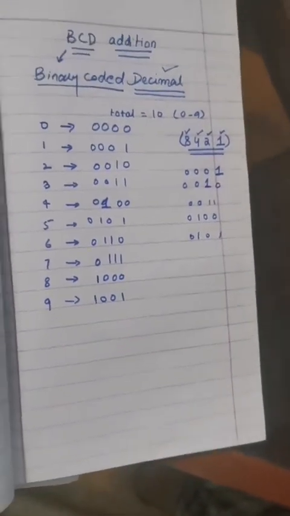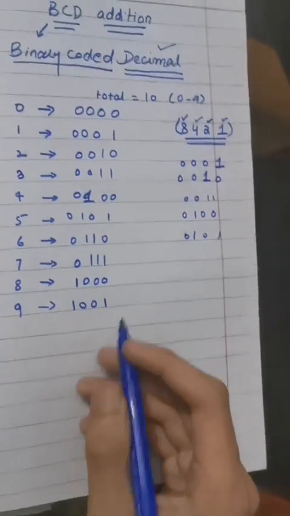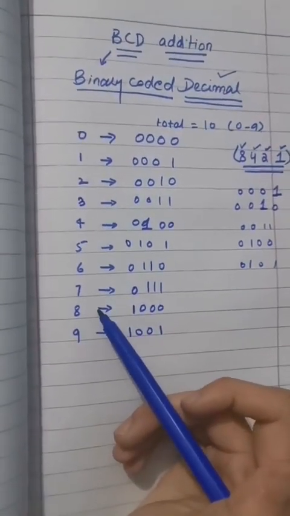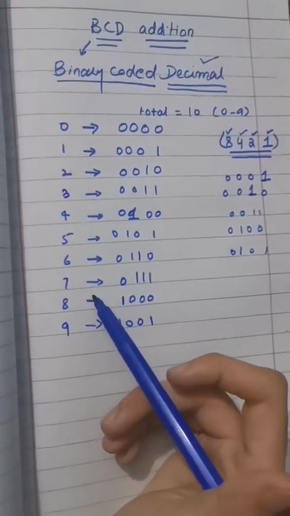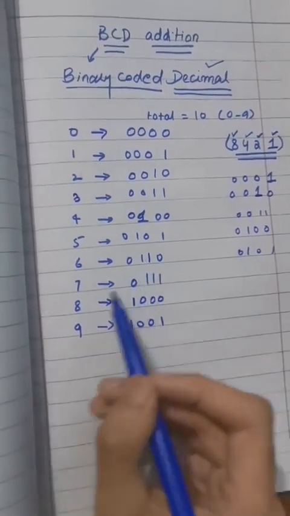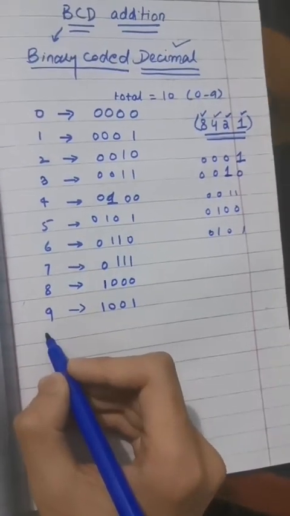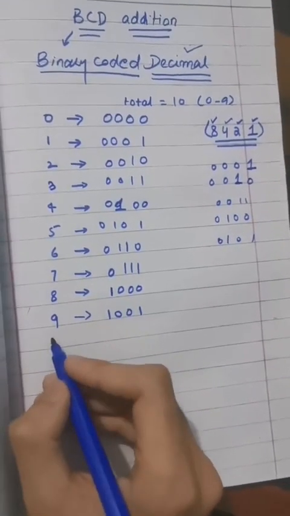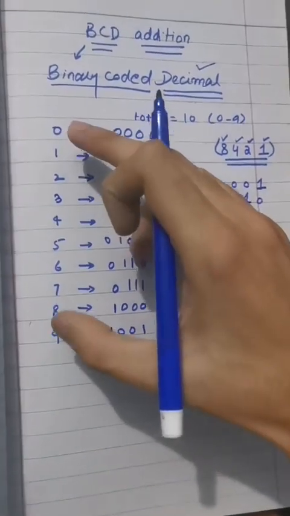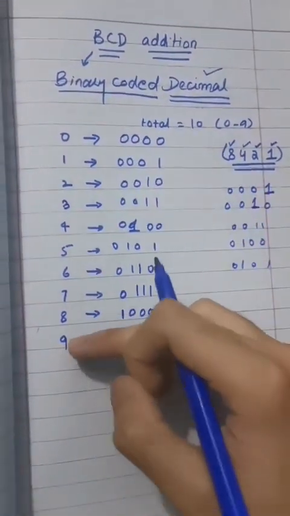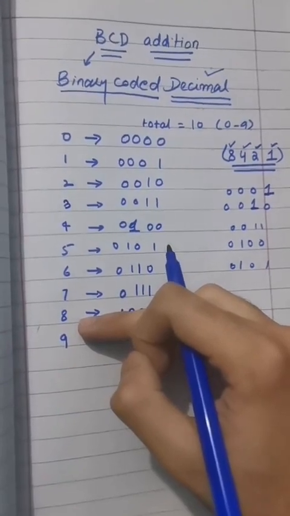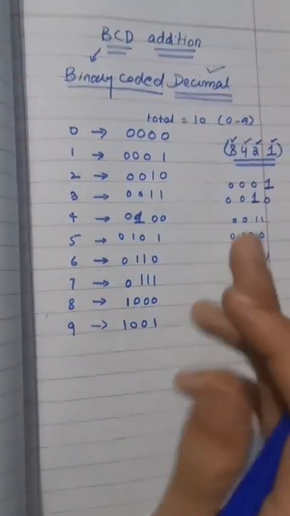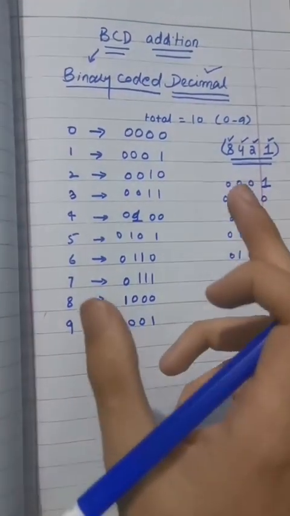So let's talk about what happens after 9. Let's see if I have the numbers 10, 11, 12, up to 19. You must know that starting from 0 to 9, this code repeats itself.